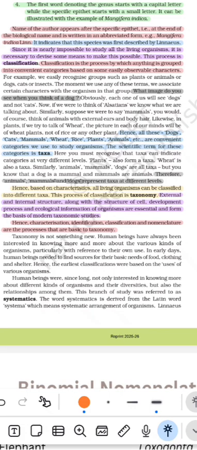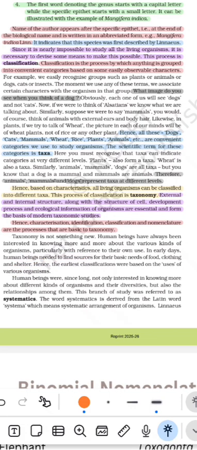So the history of taxonomy tells us that humans used taxonomy for their own use. In early days, human beings needed to find sources of basic needs: food, clothing, shelter.